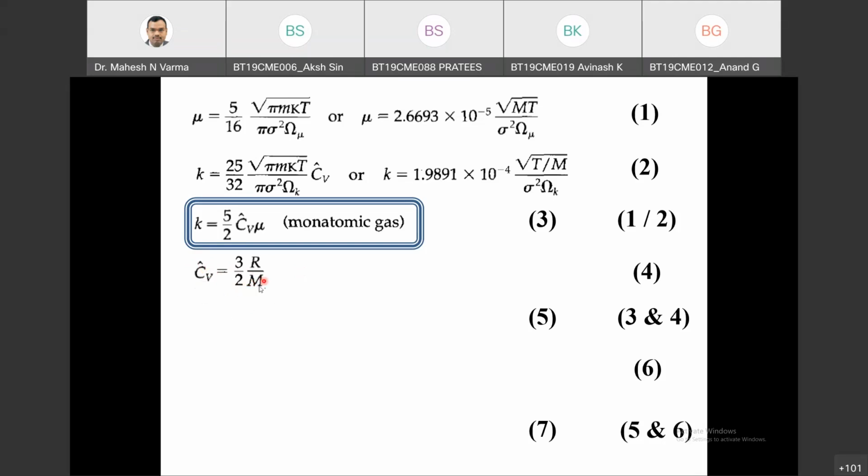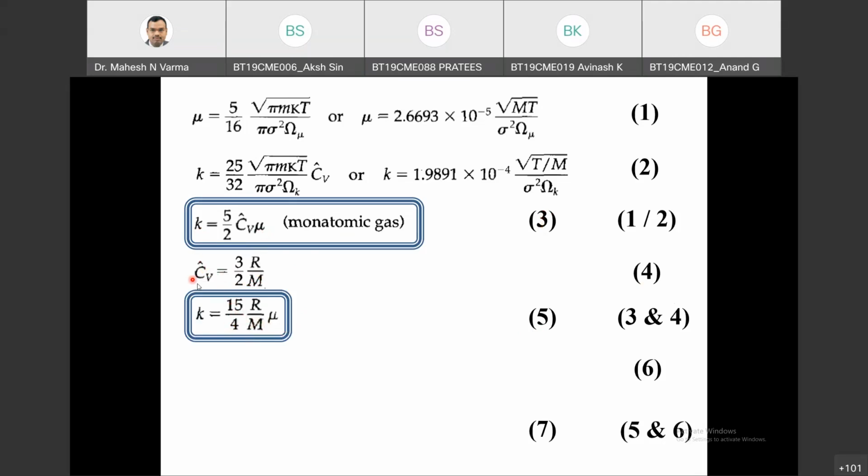Substituting 3 into 4, you will get equation 5, which relates thermal conductivity with viscosity using the ideal gas constant and molecular mass: 15 by 4 R by M.